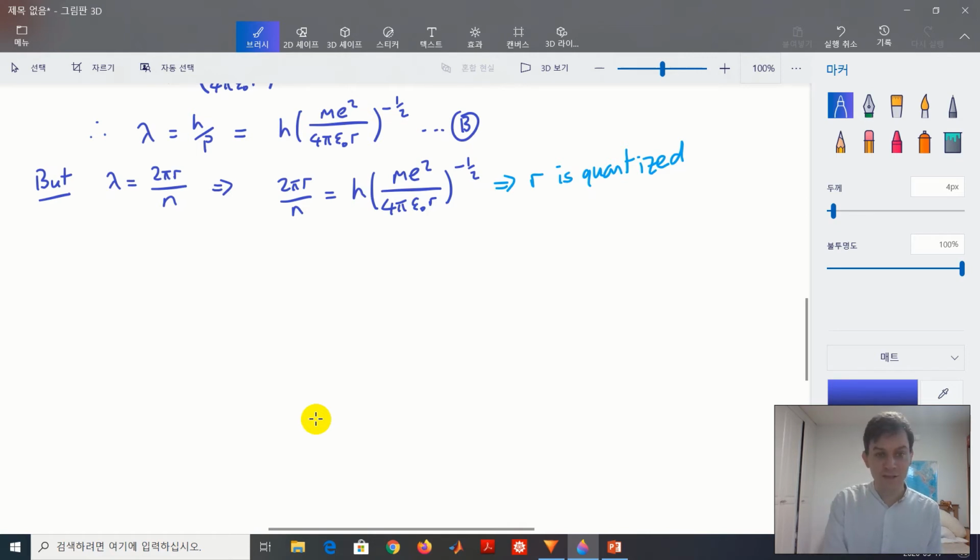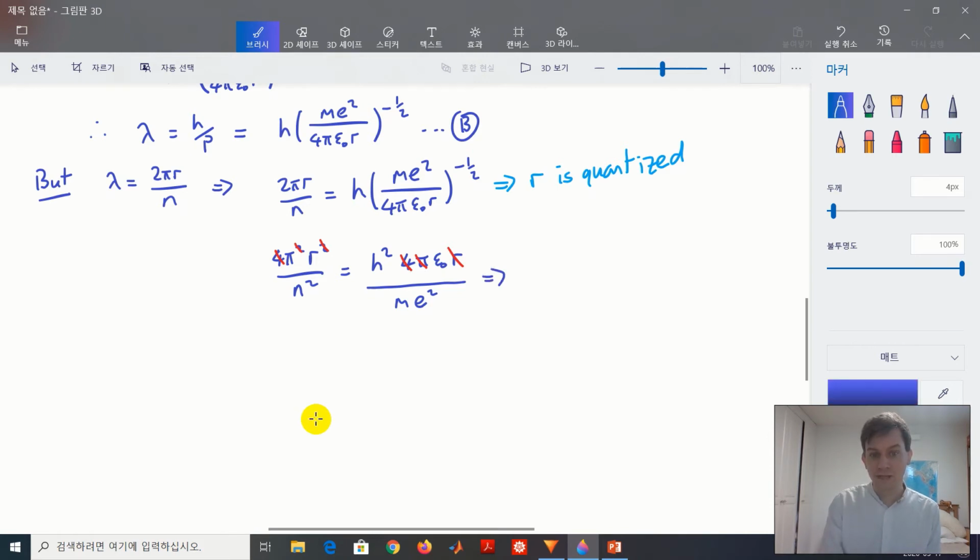If we square this equation, then we get 4 pi squared r squared over n squared is h squared times 4 pi epsilon 0 r over m e squared. Okay, and we can cancel one factor of r, we can cancel one factor of pi, we can cancel the 4's.